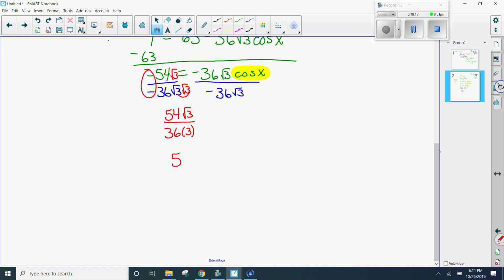If I write it as 54 radical 3 over 108, you see that 54 goes into 108 2 times. So you are left with radical 3 over 2.